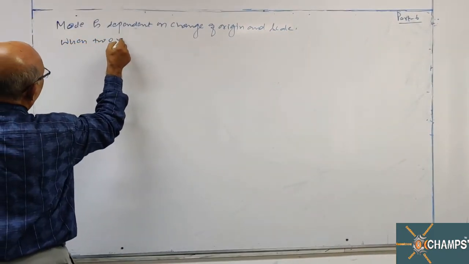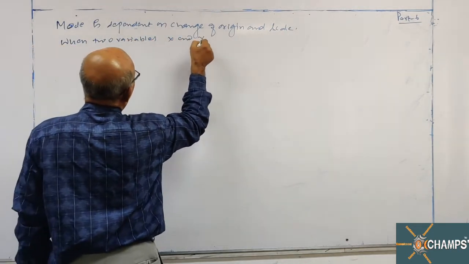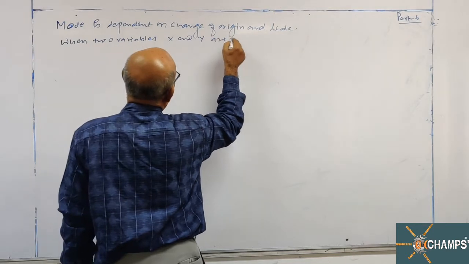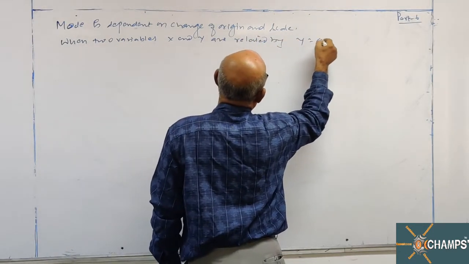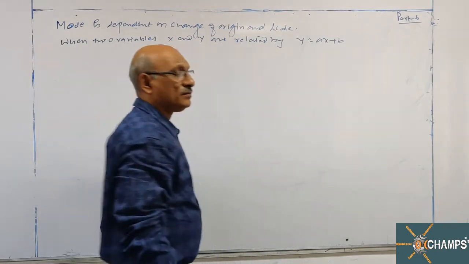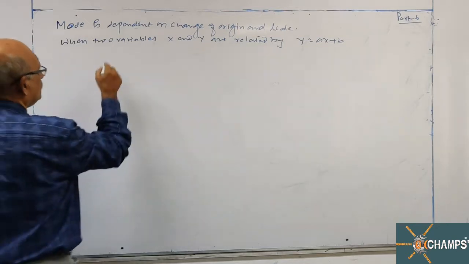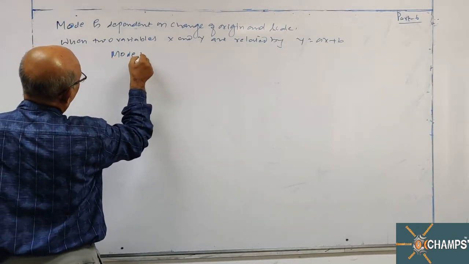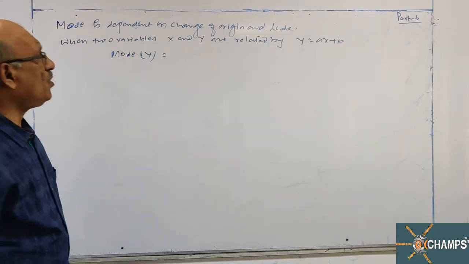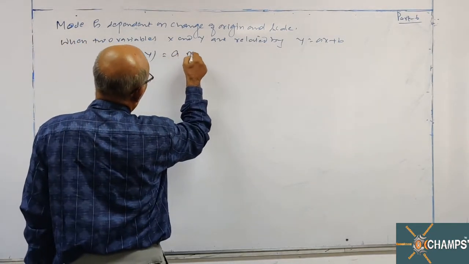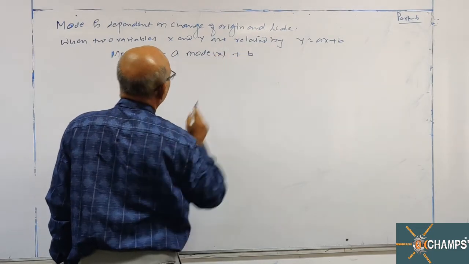When two variables x and y are related by y is equal to ax plus b, mode of the variable y is equal to a into mode of the variable x plus b.